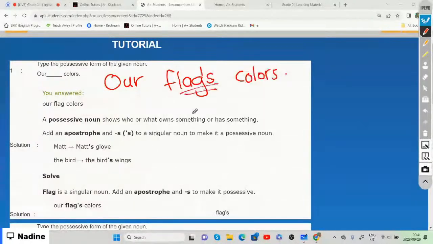And there we put the apostrophe and S. Our flag's colors. And remember, we said that the apostrophe that gets added to the specific word makes it a possessive, all right? If you do not put the apostrophe, then we will just assume that it is a plural noun. It just shows that there is more than one. And in this case, it is not more than one. We are specifically talking about the colors of the flag, right? So our flag's colors.